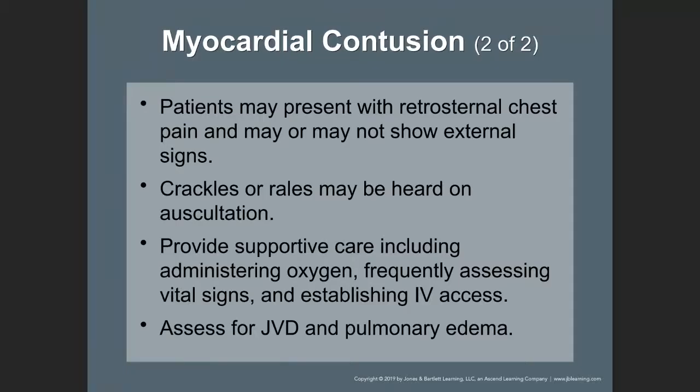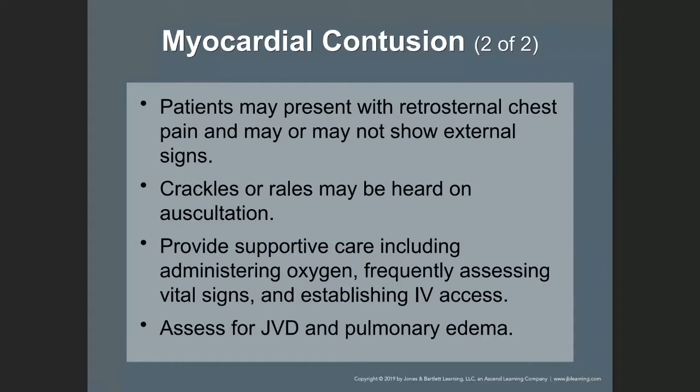Myocardial contusion continuing. Patients may present with retrosternal chest pain and may or may not show external signs. Crackles or rales may be heard on auscultation. Provide supportive care, which would include administering oxygen, frequently assessing vital signs, and establishing IV access.